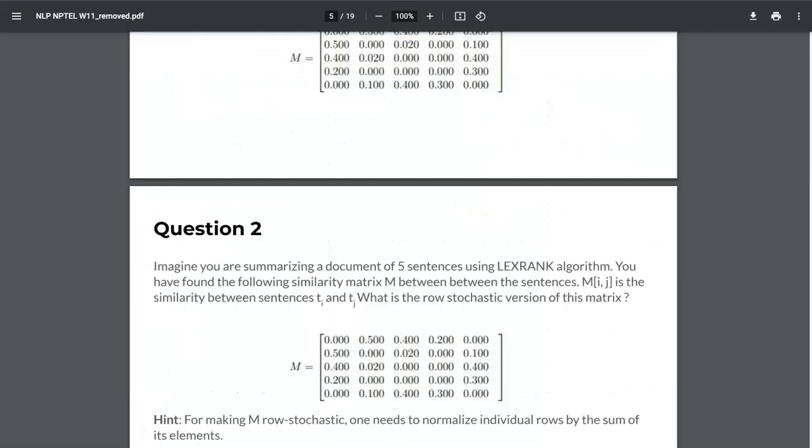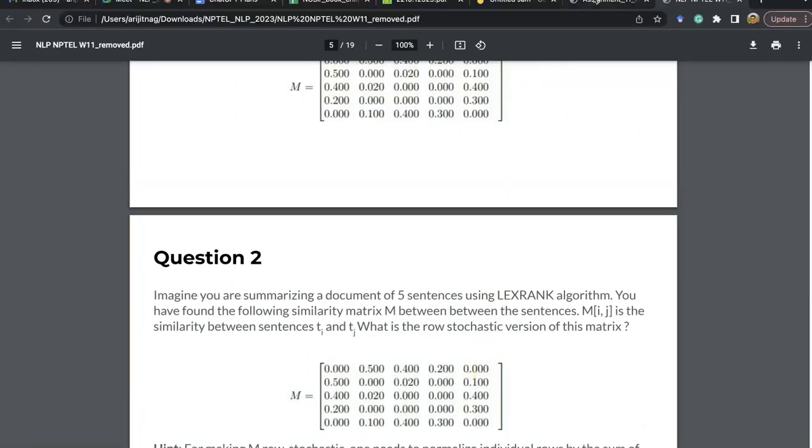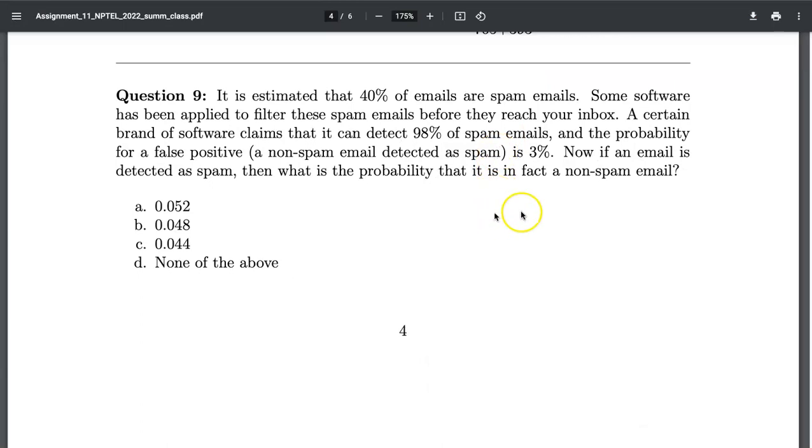Okay. And what is the last thing that has been given? It is given that the probability for a false positive. So what is false positive? That is given in the brackets.